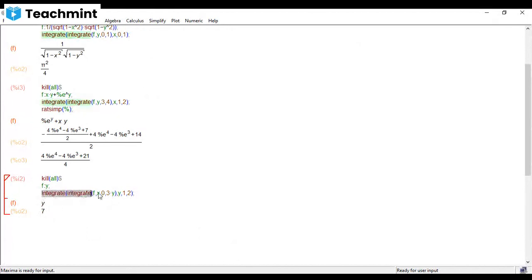If you want to display the answer in a nice format, you can do one thing. I'll write the same integrate of this. Only thing, I'll use one apostrophe here. If you use a single apostrophe, see what you'll get.